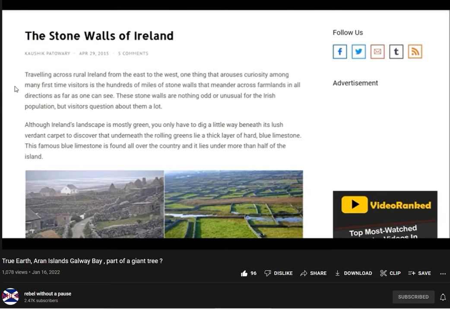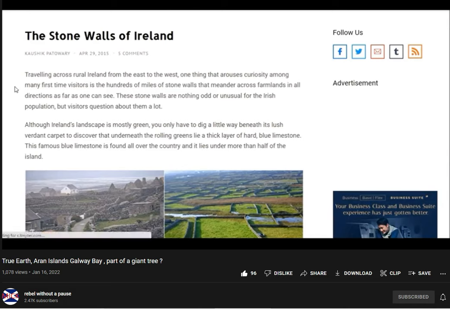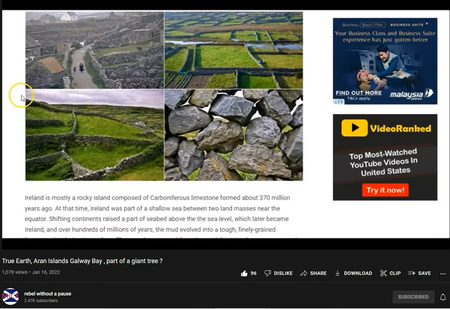Actually, everybody questions them a lot. Although Ireland's landscape is mostly green, you only have to dig a little way beneath its lush, verdant carpet to discover that underneath the rolling greens lies a thick layer of hard blue limestone. This famous blue limestone is found all over the country, and it lies under more than half of the island.